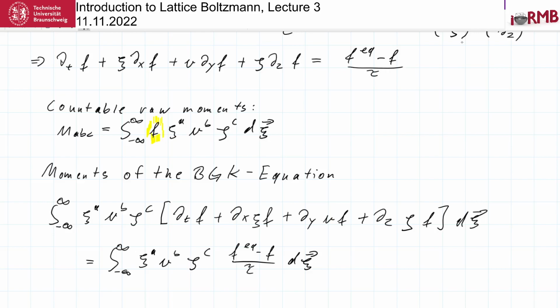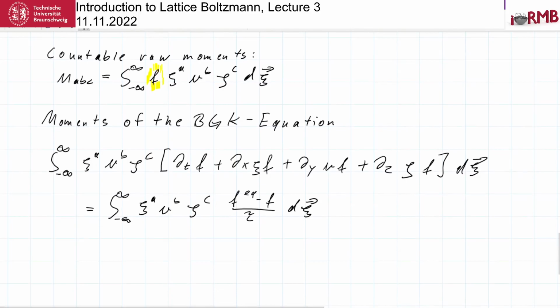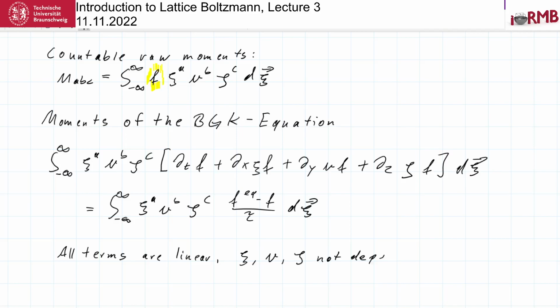So what we now observe is that all terms are linear, and xi, epsilon, and theta are not dependent on x, y, z, which means it doesn't matter whether they are in front of the operator.